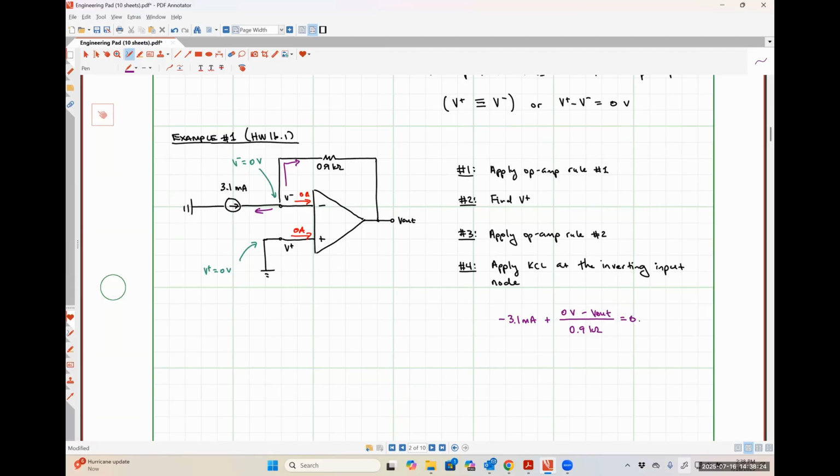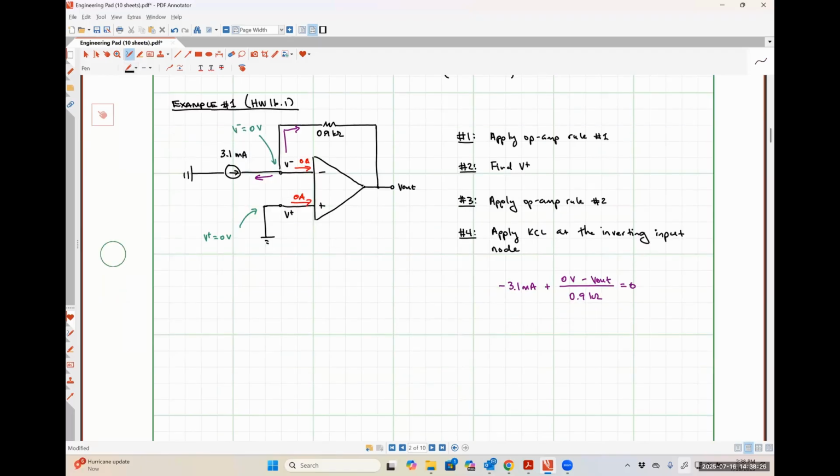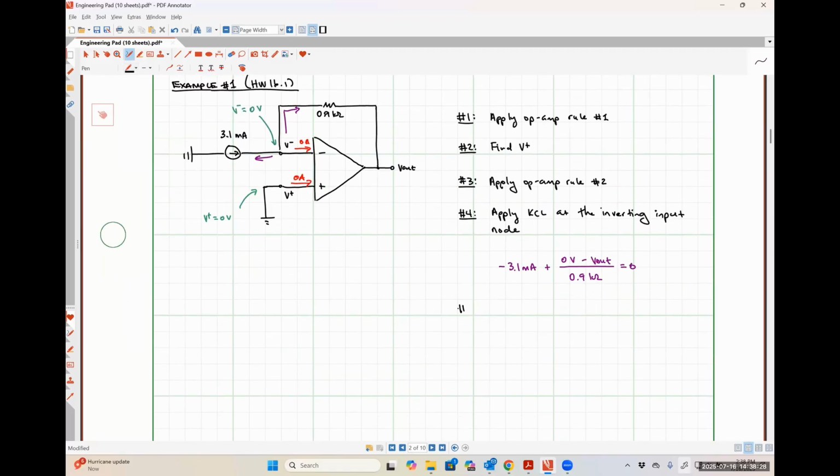Step number 5 is just going to be solve our equation for V out.